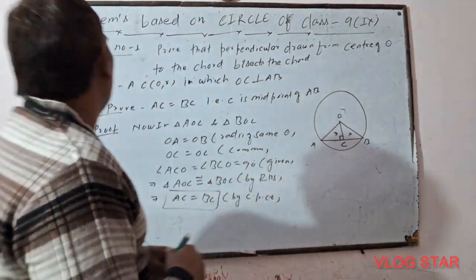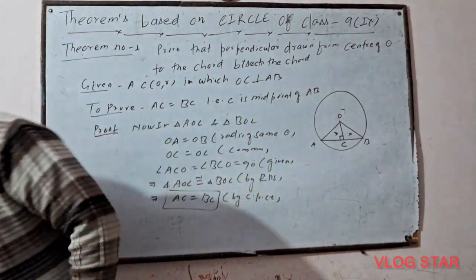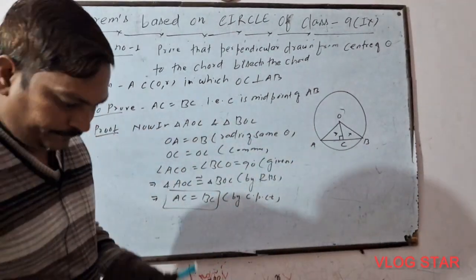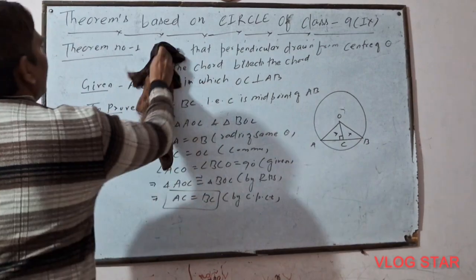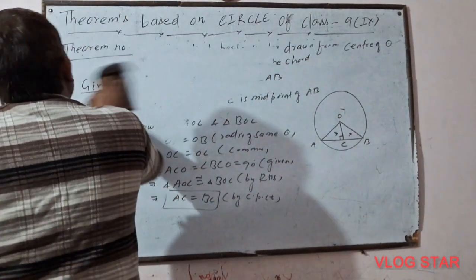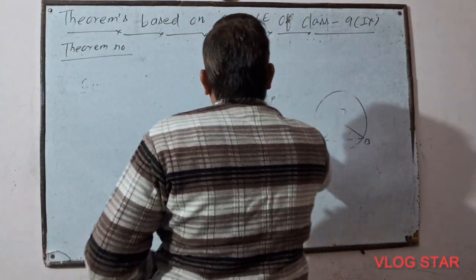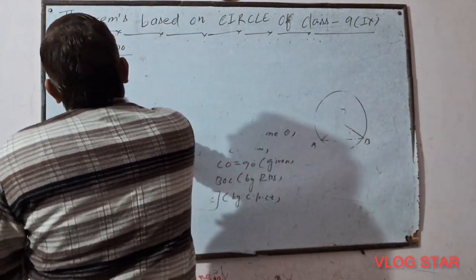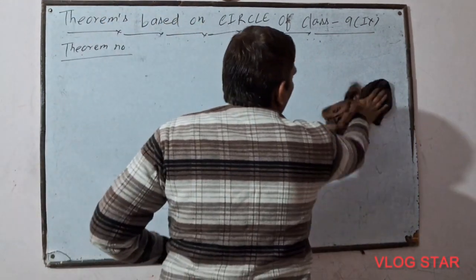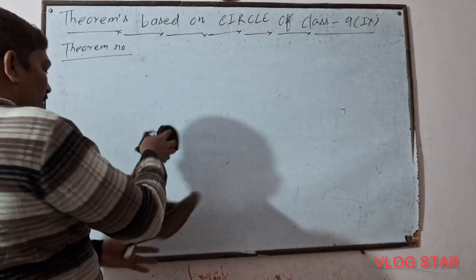Now just see theorem number 3, and this is a very important theorem. Now see, what is the theorem? Prove that equal chords are equidistant from the center of circle. See, a very important and easy theorem.